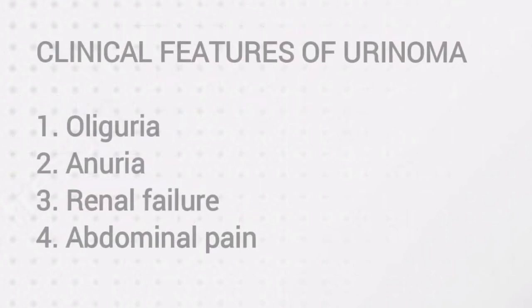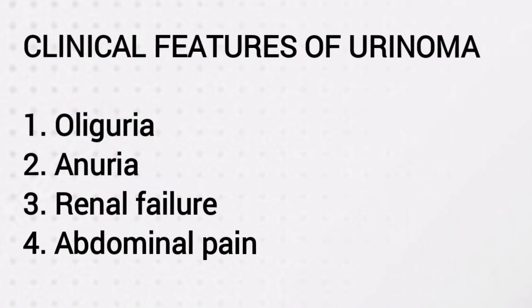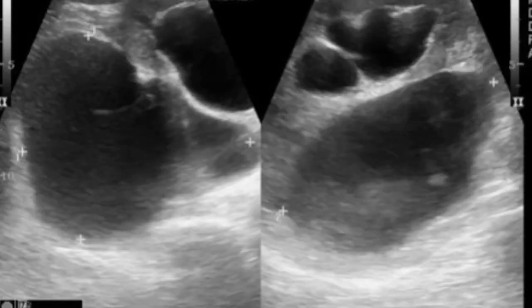So clinical features include oliguria, anuria, renal failure, and abdominal pain. Sonographic features: anechoic cystic mass, round or oval in shape, well-defined walls because it has been walled off, posterior enhancement, and frequently it shows septations.